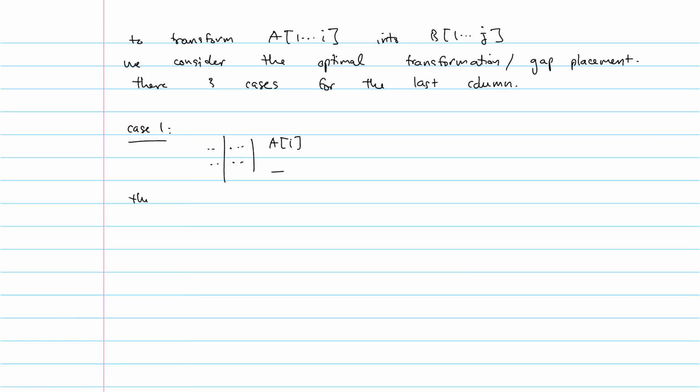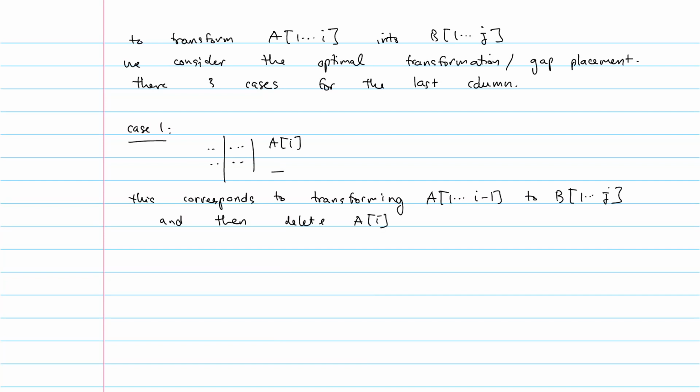So this corresponds to first we transform A1 up to Ai minus 1 to B1 up to Bj, and then delete Ai.